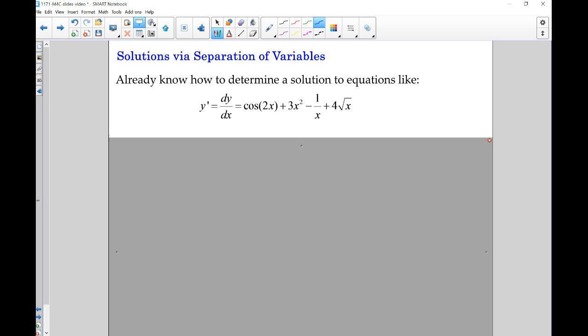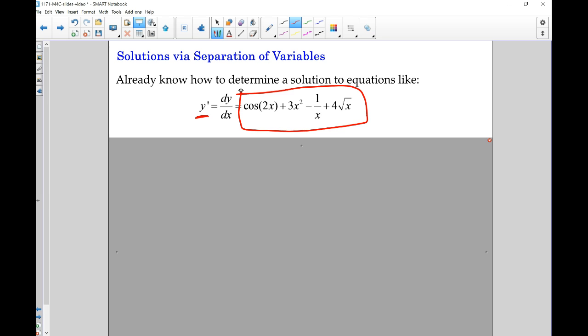Previously, in our study of antidifferentiation, we saw differential equations of this form. It's an instance where y prime is isolated, or everything containing y is isolated to one side of the equation and is only represented as y prime. And then the right hand side, if you look at this carefully, is all a function of x.